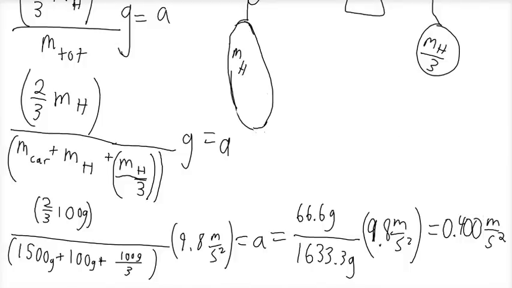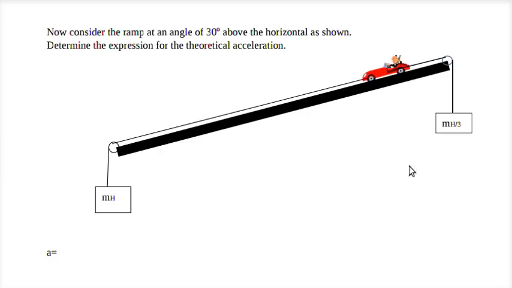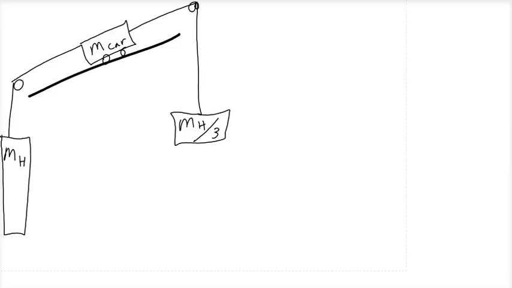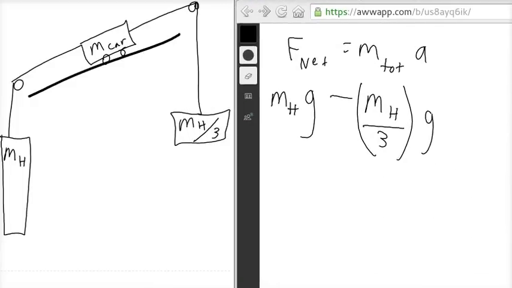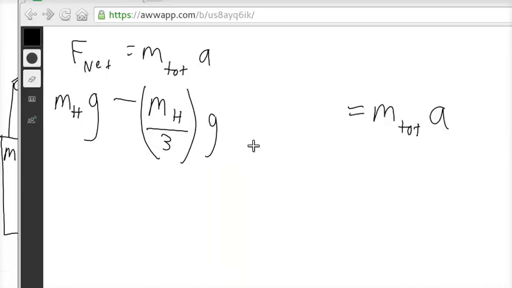Now the final part with the slanted ramp. The equation is going to be similar to the last situation because you have the two hanging masses in the same arrangement. However, you can see I've left a blank here for another term, another force.